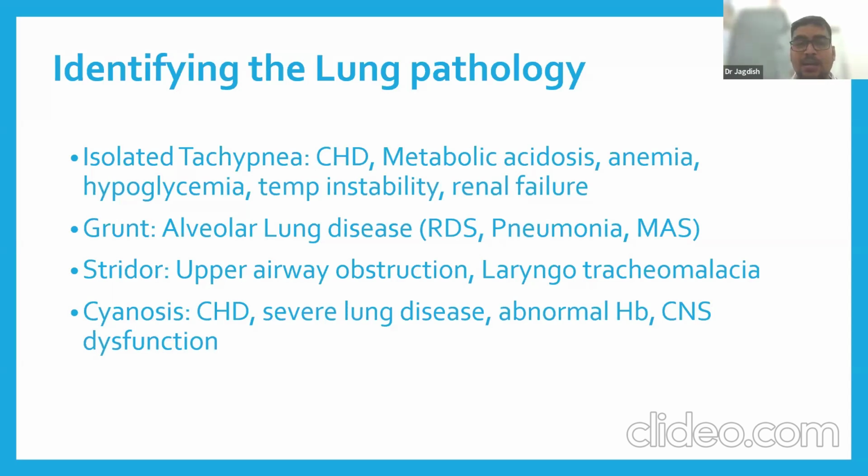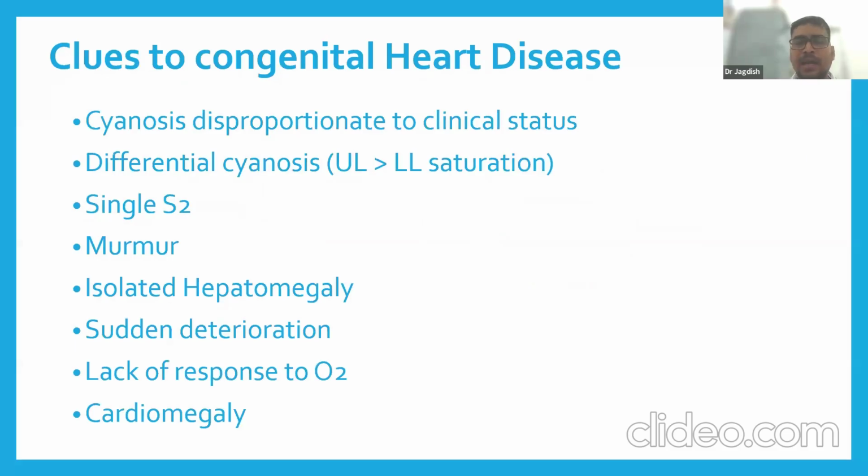If there is a stridor, that tells me of upper airway obstruction, and central cyanosis may also tell me I am dealing with a case of congenital heart disease or a very severe lung disease. But again, I need to come here. What are the possible clues to congenital heart diseases?